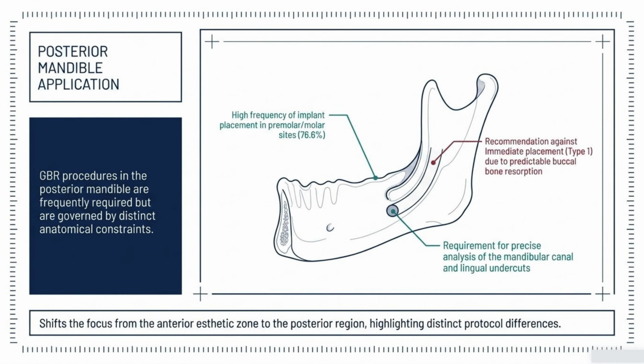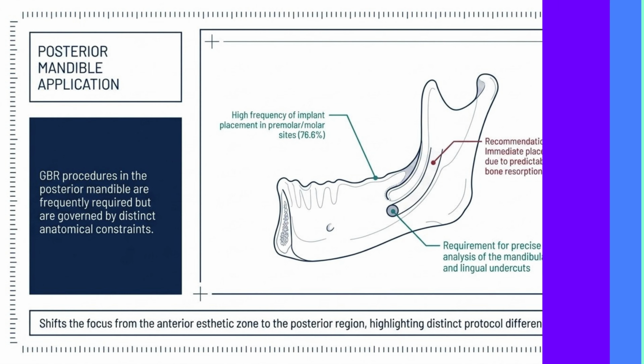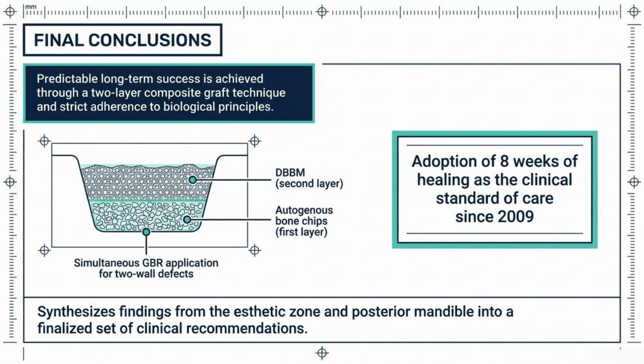Due to predictable buccal bone resorption in this area, there is a strong clinical recommendation against type 1 immediate placement. Furthermore, surgical safety demands a precise, preoperative analysis of the mandibular canal and lingual undercuts to prevent severe neurological or hemorrhagic complications. In conclusion, predictable long-term success is dictated by strict adherence to biological principles and specific surgical techniques.